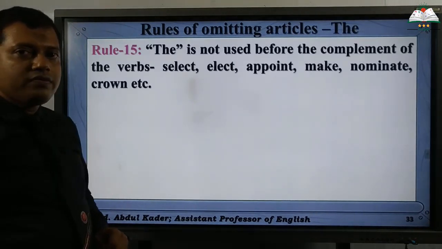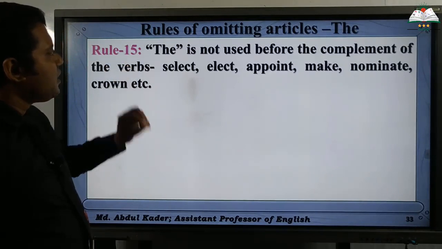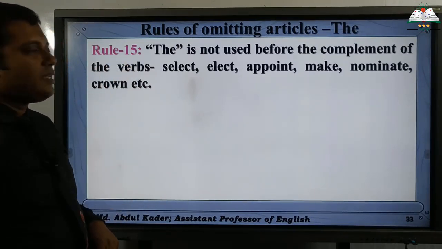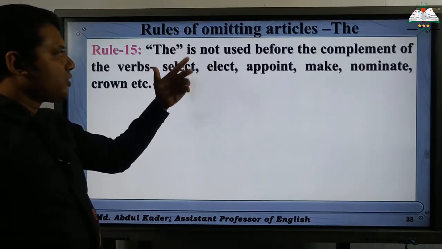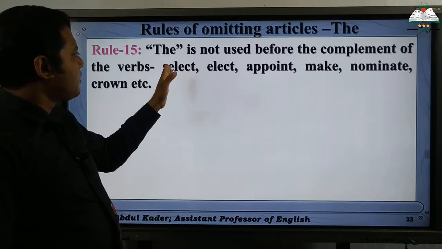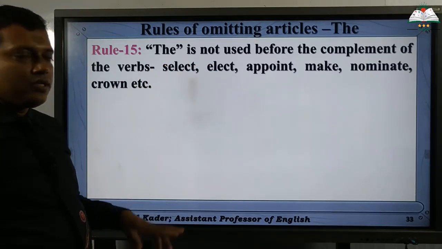Rule number 15, dear student. According to rule number 15, the is not used before the complement of the verbs. See here, complement. The word complement comes from complete, and the verbs are like select, elect, appoint, make, nominate, crown, etc. Look at the example.